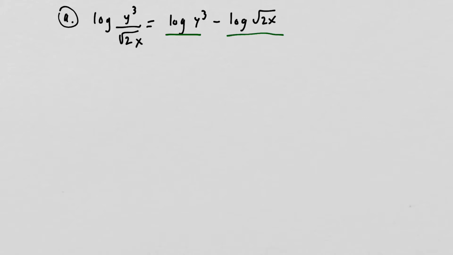We're given the log of y raised to the third divided by the square root of 2x. We're going to apply the difference of logarithms because we have a quotient here. This is equal to the log of y cubed minus the log of the square root of 2x. In the first term we have an exponent, and in the second term we also have an exponent.